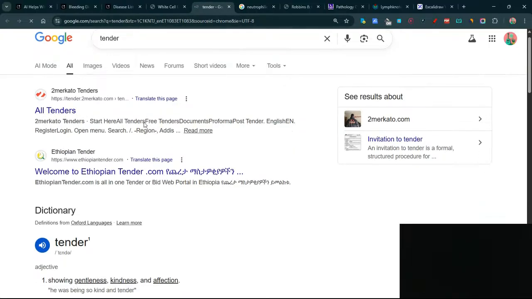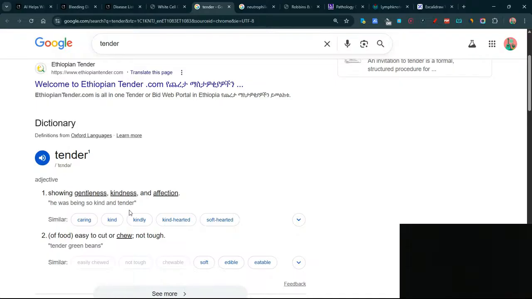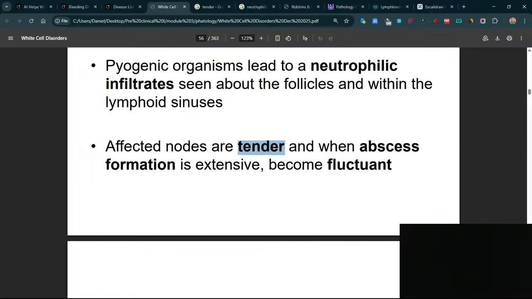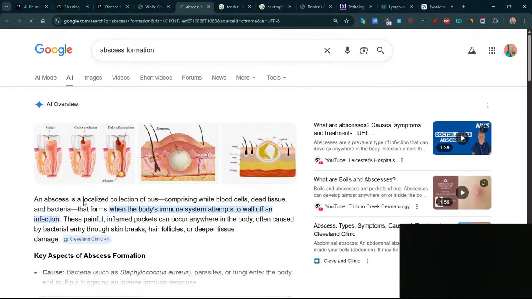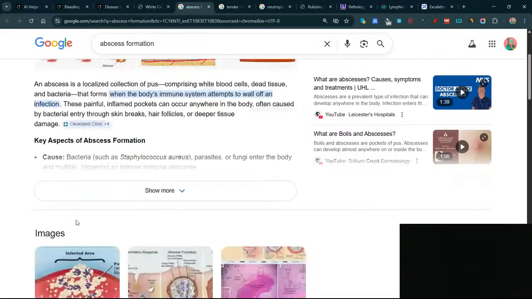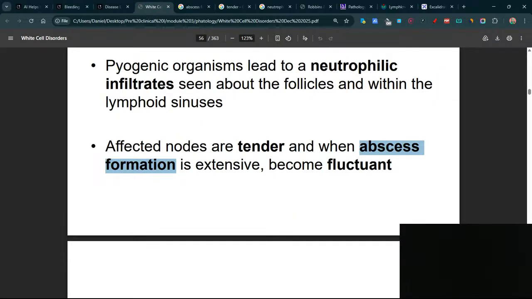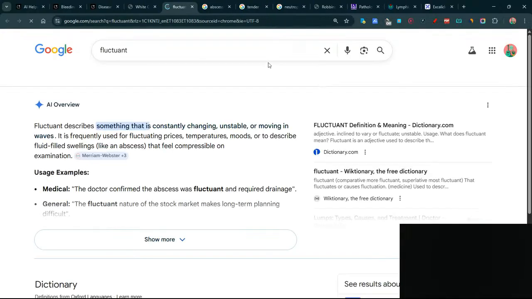Tender means gentle, affectionate, kind. An abscess is a localized collection of pus, white blood cells, dead tissue and bacteria that forms in the body as part of an infection, caused by Staphylococcus aureus.